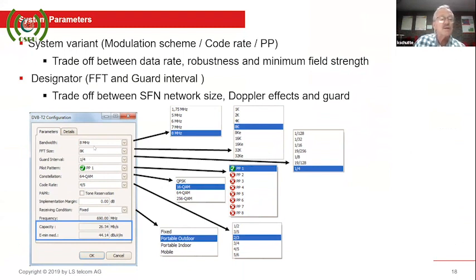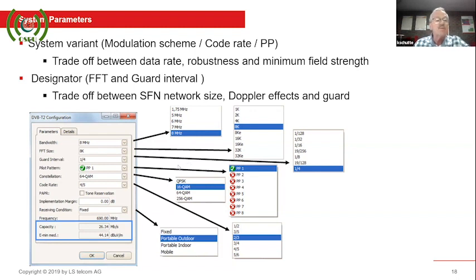And so you can see here typically the parameters that will affect it. So you can change your bandwidth, and there, if you look at T2, there's more choices in DVB-T2 than there is in T1. You also have very narrow bands that you can use of 1.75 megahertz, or 5 megahertz, or 6, or 7, or 8.